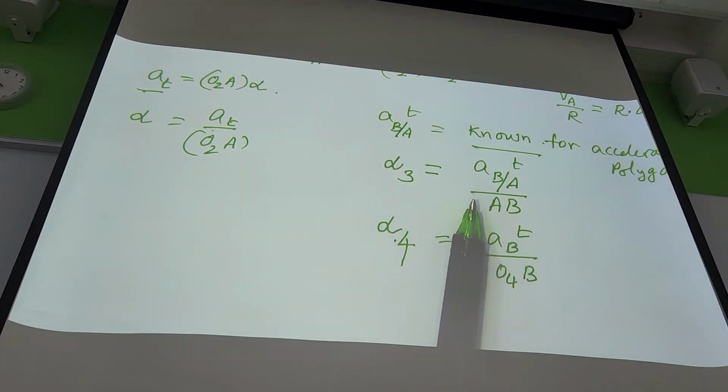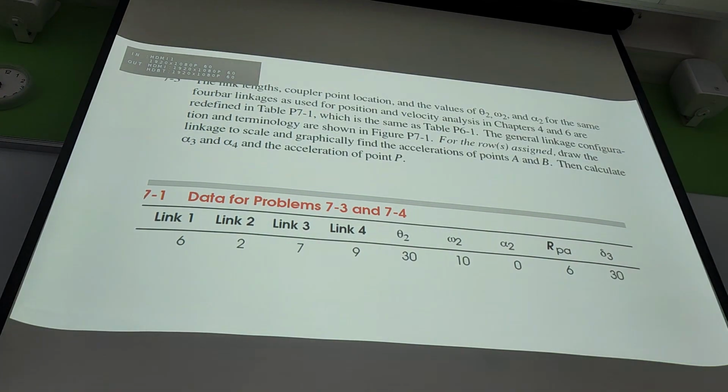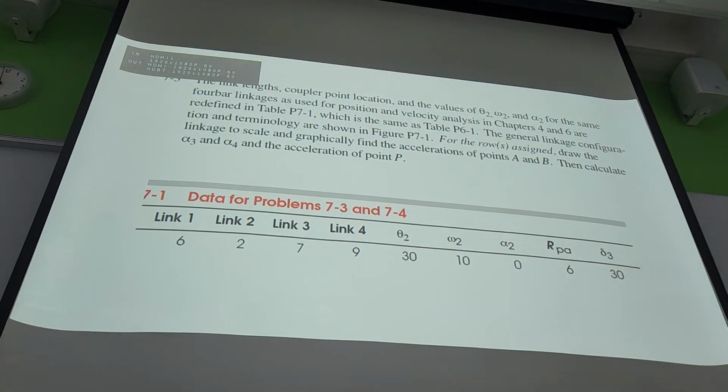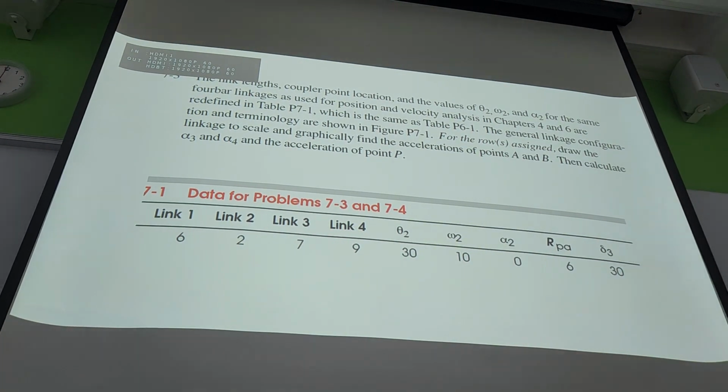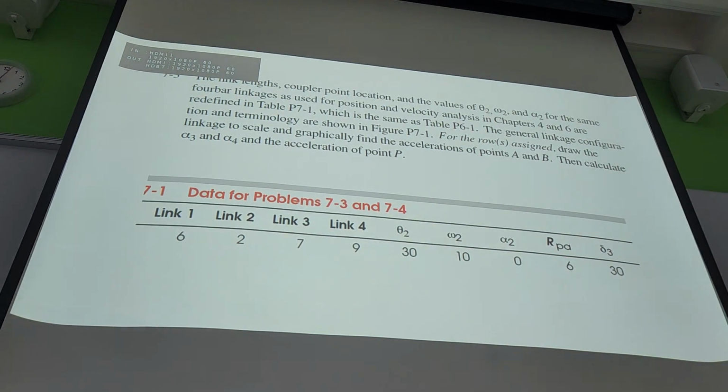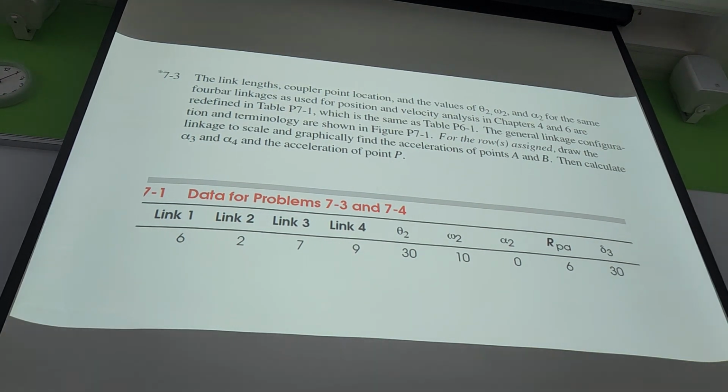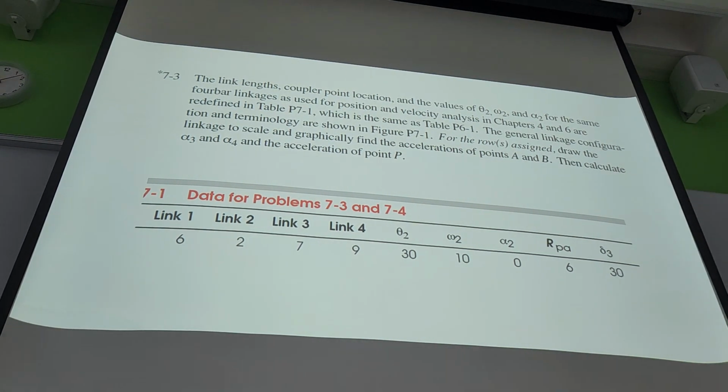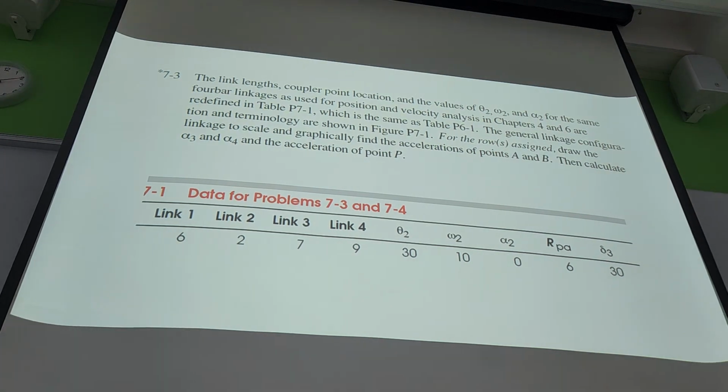Okay, so I showed you. You may note down this data: the lengths of the 4 links, theta 2, omega 2. In this case, angular acceleration is given as 0. The PA vector is 6 and delta 3 is 30 degrees.